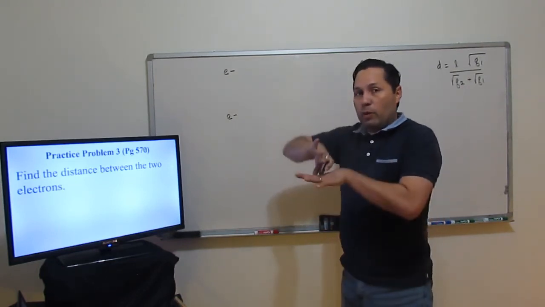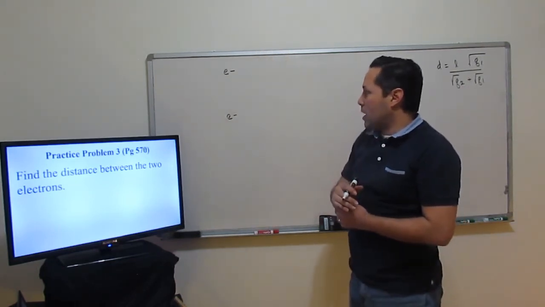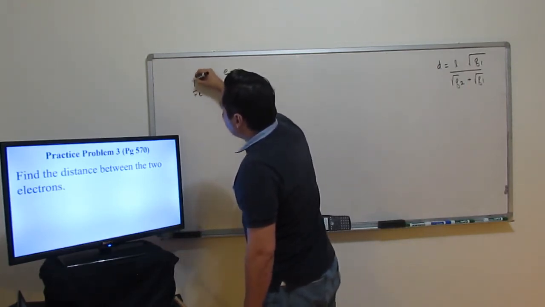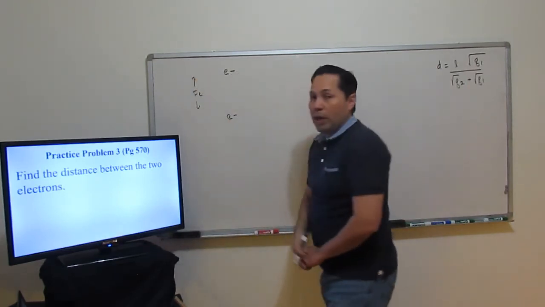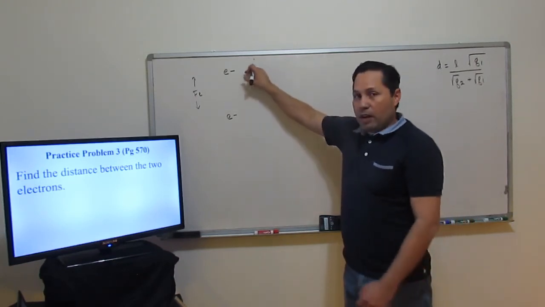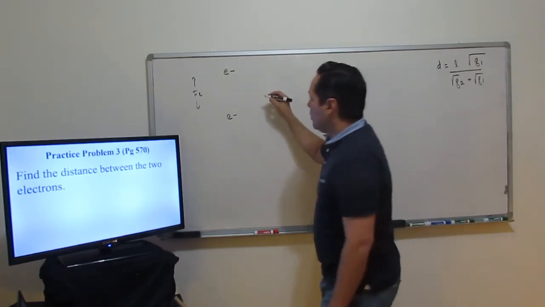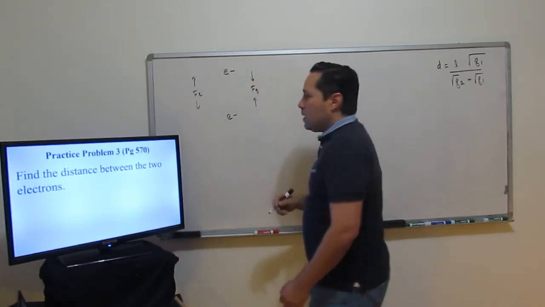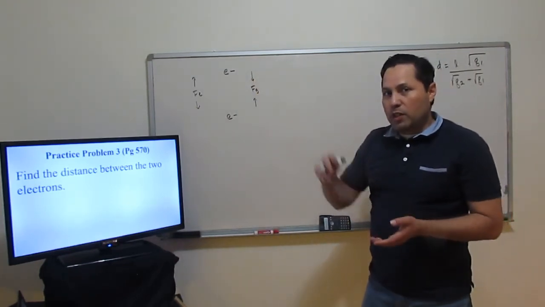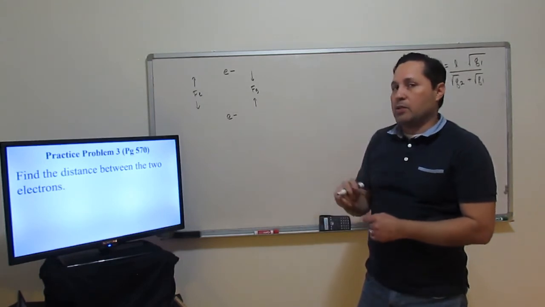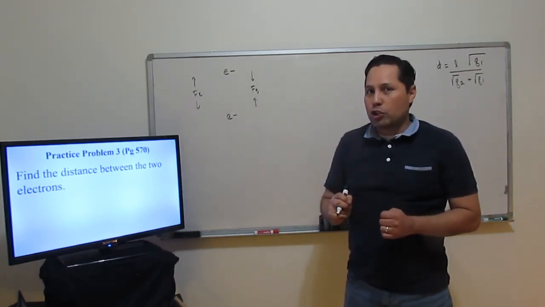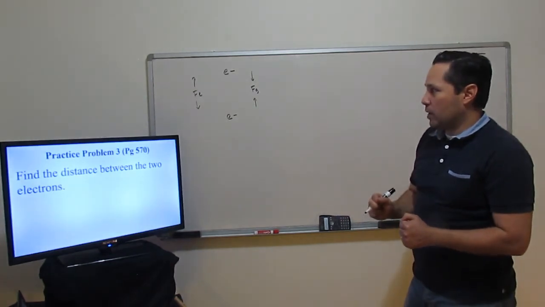A negative and a negative repel, they push each other away. So the electric force is separating them. But there is gravity pulling down on this electron, so the gravitational force is pulling them towards each other. So at what distance do they just stay there because the electrical force and the gravitational force match? Alright, so that's what they want to know.